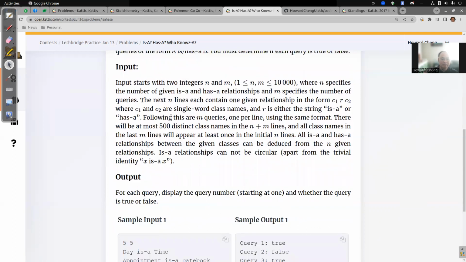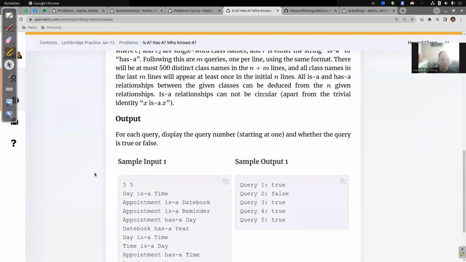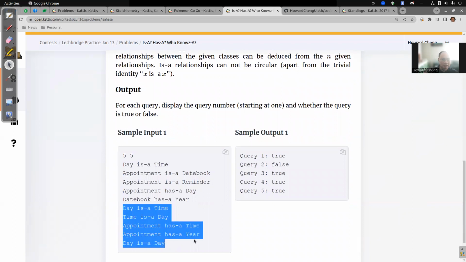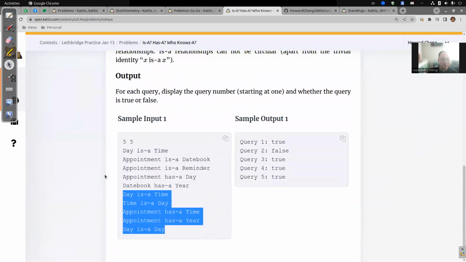And the queries are always something is a something or has a something, and you have to say true or false. Okay, and that's basically what you have to do.